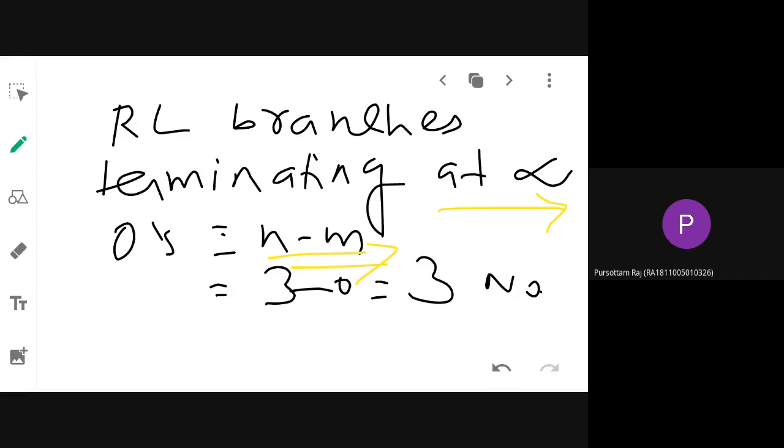So what is your first step? Tirumala Vasan, tell me what is your first step? Tirumala Vasan. What is your first step for constructing a root locus? Are you present in class? Upkar, tell me the answer.